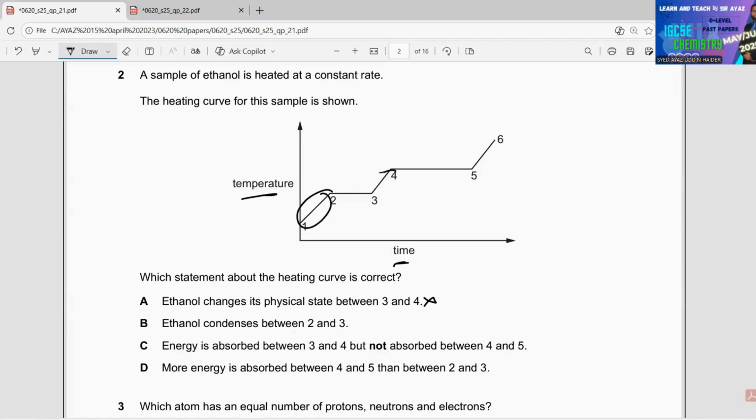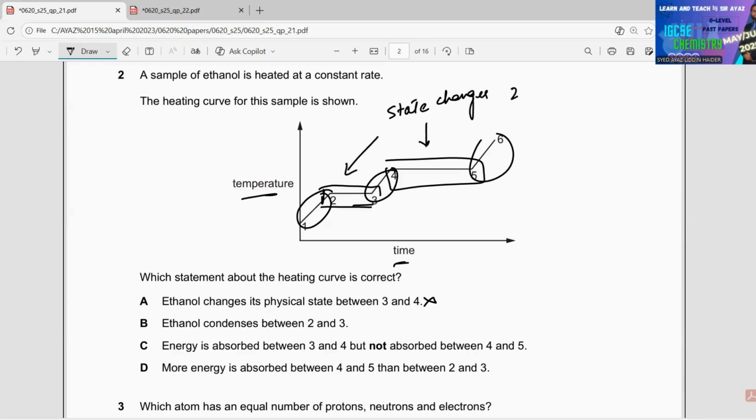These positions show only one state. The points where the state changes are 2 to 3 and 4 to 5.